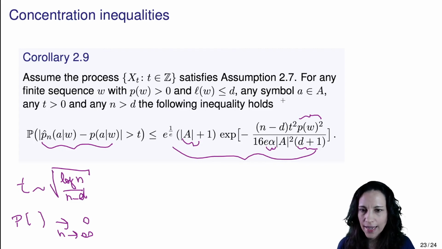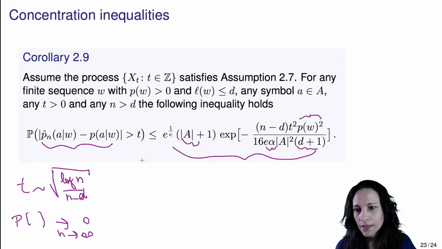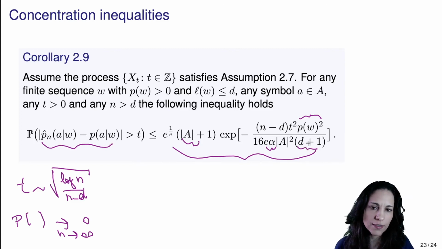Observe that as this bound here in the right hand side depends on the probability of W and the length of the sequence, then in order to control this probability for a set of sequences, we need to control the way in which this d grows or this p of W decreases with d and with n.